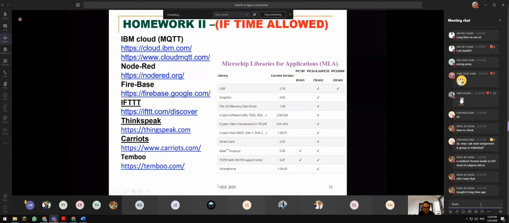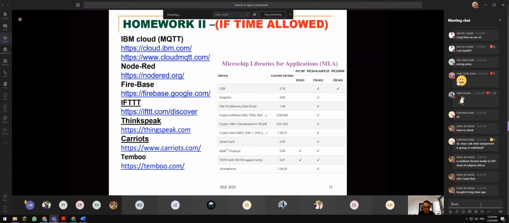So probably you need a TCP/IP stack in your Microchip PIC24. Your seniors do not need this because they directly link with the ESP8266, which has a Wi-Fi module. So whatever signal comes from the PIC24, you directly send to the ESP8266.